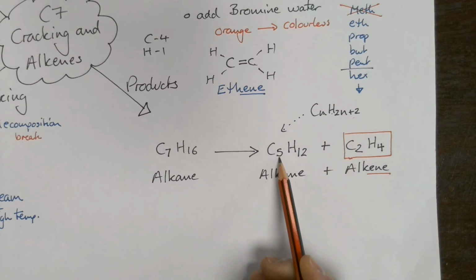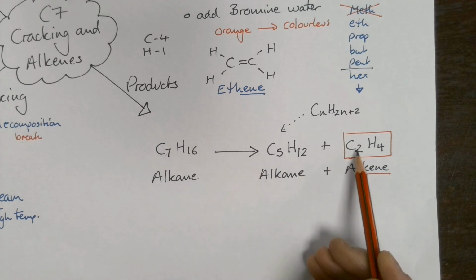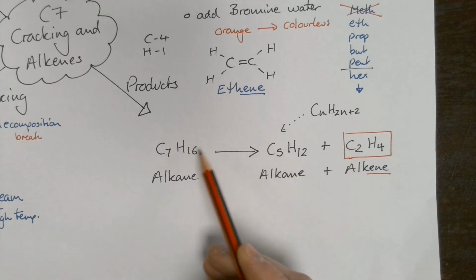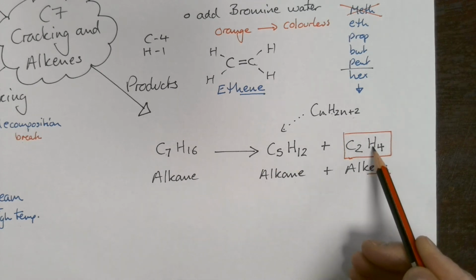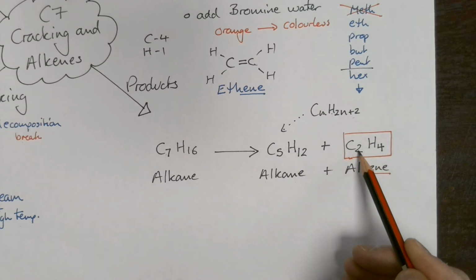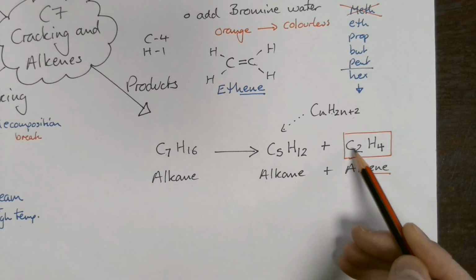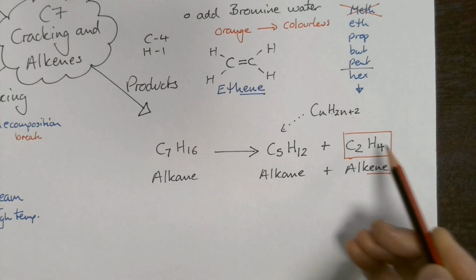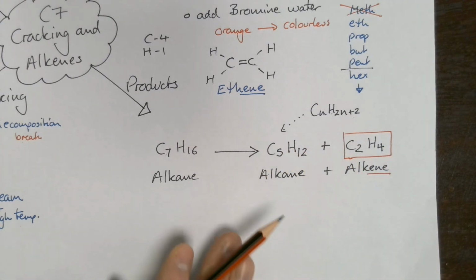But then if I look at what's left over, C5 from C7, so that means I've got 2 carbons left. I've then used 12 of my 16 hydrogens I had at the beginning. Well, that means there's only 4 left. So the molecule that we now make can't be an alkane, it has to be an alkene, which has the formula C2H4 in this case. And we can always check because the number of carbons and hydrogens in our products equals our reactants.